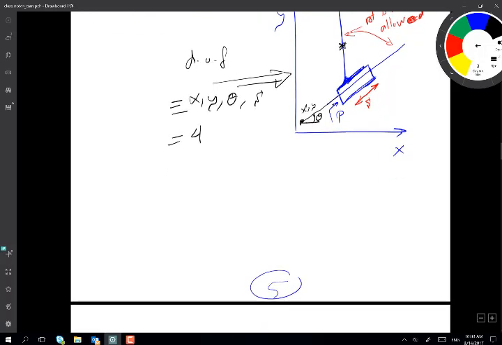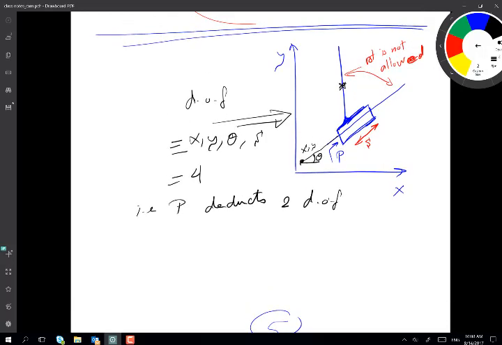So this tells me that the joint, like a revolute joint, also deducts 2 degrees of freedom, because without it I would have 6, since I have two lines, line 1 and line 2. They would have 6 degrees of freedom independently if they were not constrained together by a joint, but they are.